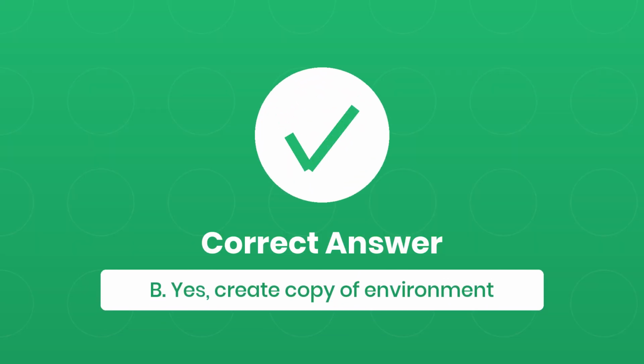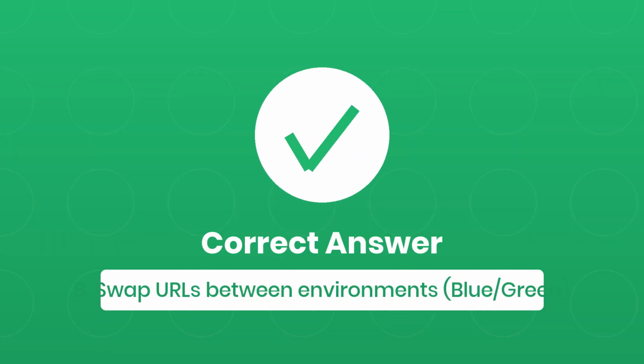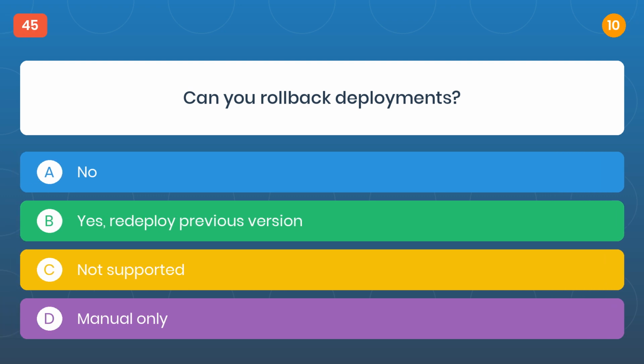The correct answer is B, yes, create copy of environment. Question 44. What is environment swap? The correct answer is B, swap URLs between environments, blue/green.